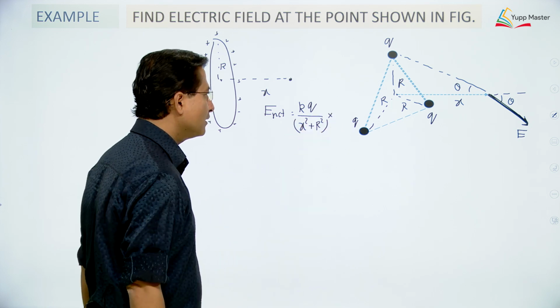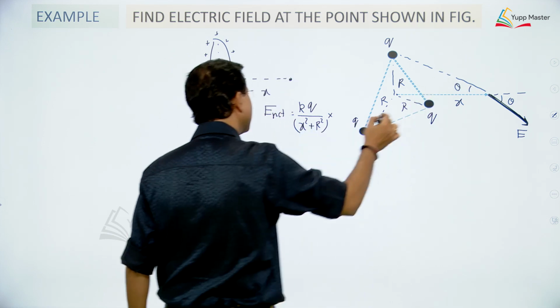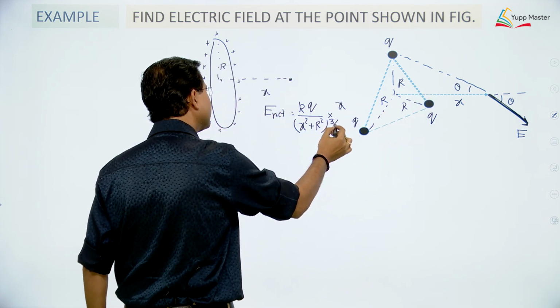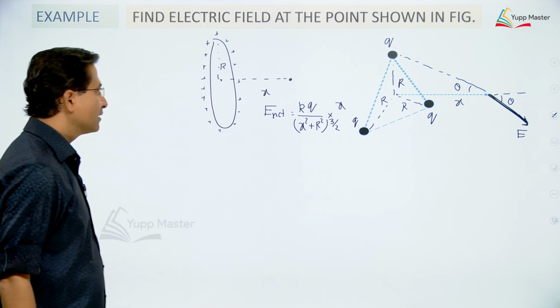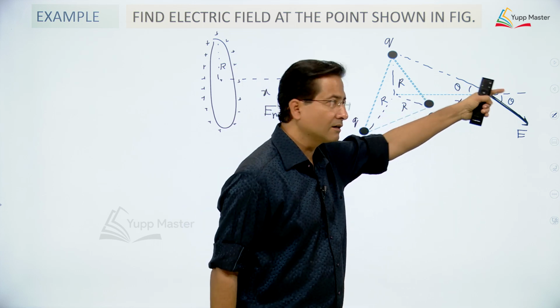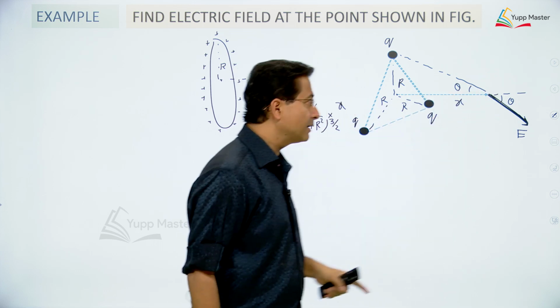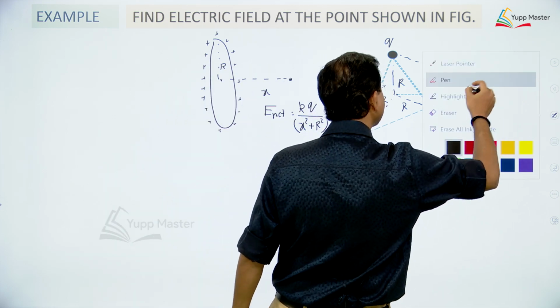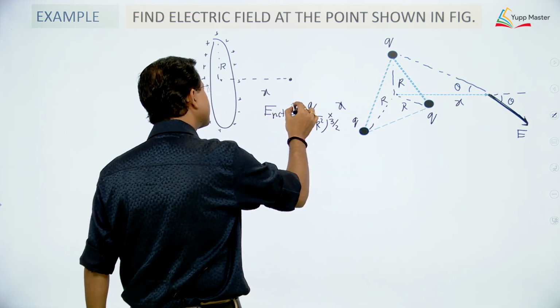Cos theta is what? Base upon hypotenuse, x divided by under root, I am writing here directly, 3 by 2. So, this is the component of field produced by 1 in this direction, all 3 will produce the same component here. What I need to do, I have to multiply this whole expression by 3.